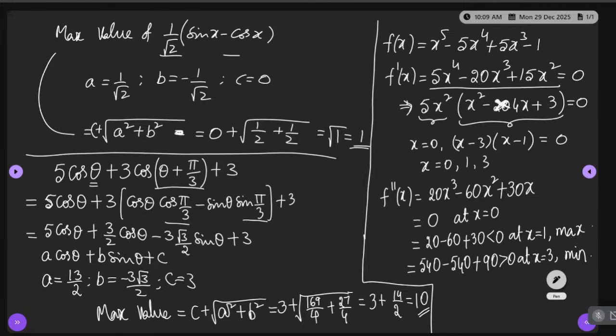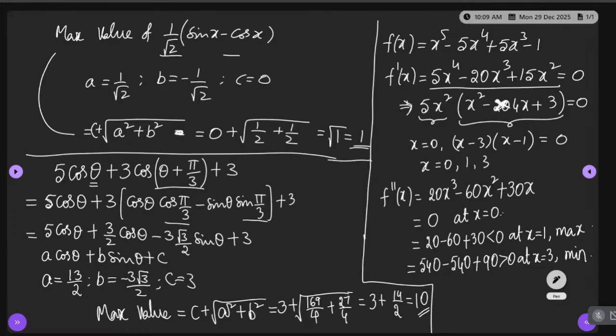When the double derivative is also 0, you need to verify the change of sign of f dash at 0 minus h and 0 plus h.